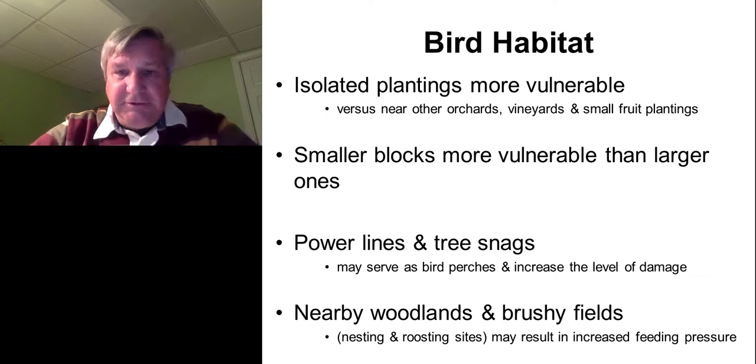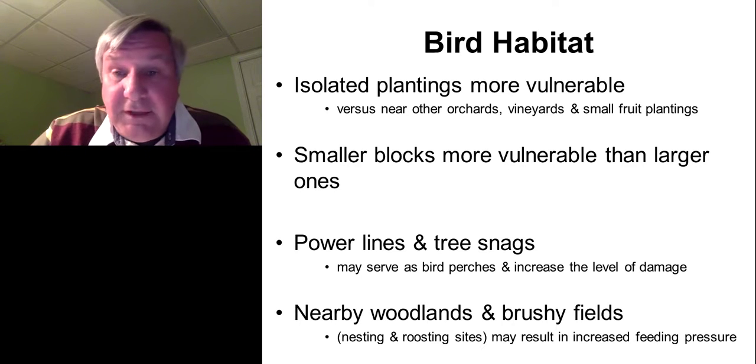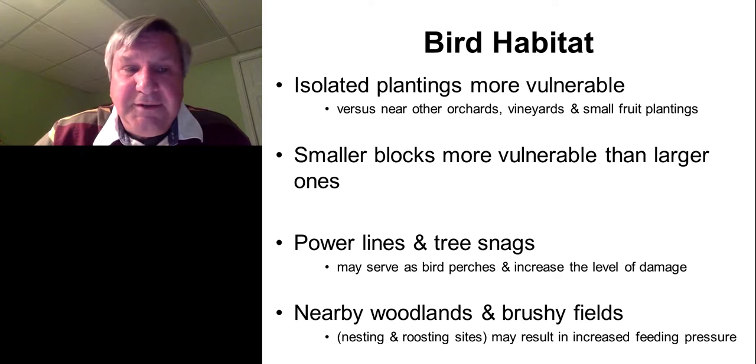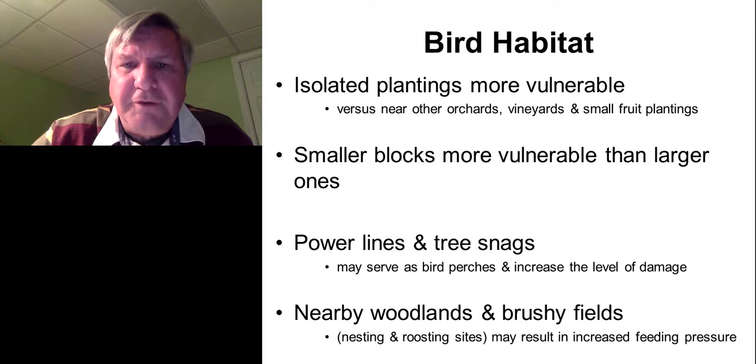Plantings near other orchards, other vineyards, tend to spread out the loss. It's an odd way of thinking about things, but if you spread the damage around, then no one producer or one field or one crop or one plant has the majority of the loss. It's spread evenly, or more evenly.